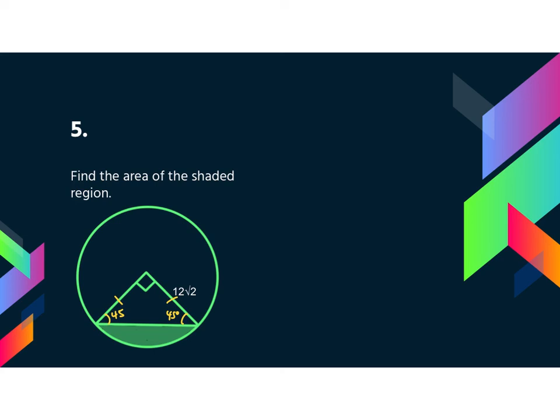Here, as we work on this, we can see that we have just a portion of our circle, which would be a sector here, which is 90 out of 360 pi r squared. And we're going to take away the triangle, which is 1/2 base times height.